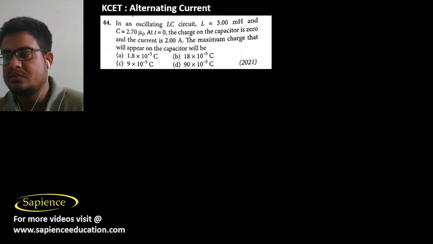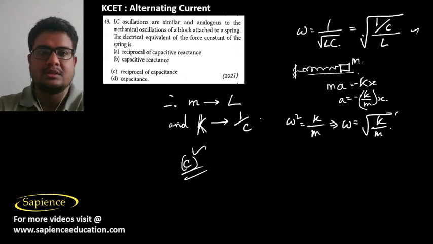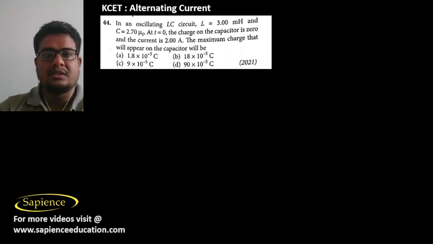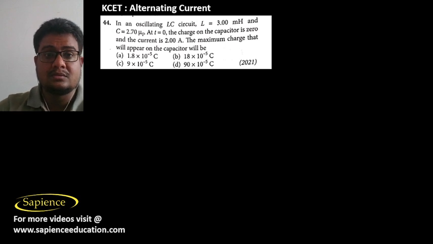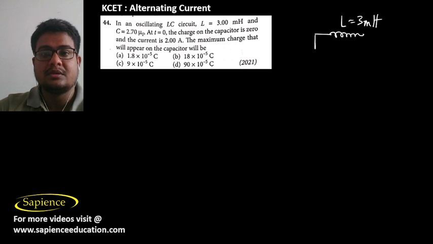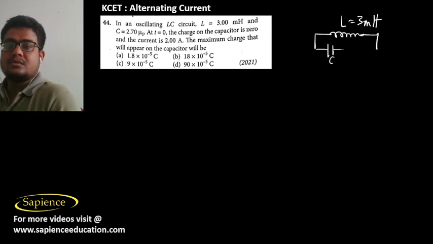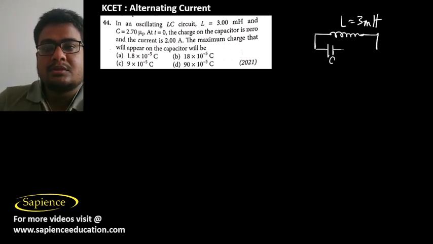Question number 44. In an oscillating LC circuit, the inductance L is equal to 3 millihenry and the capacitance C is equal to 2.7 microfarad.